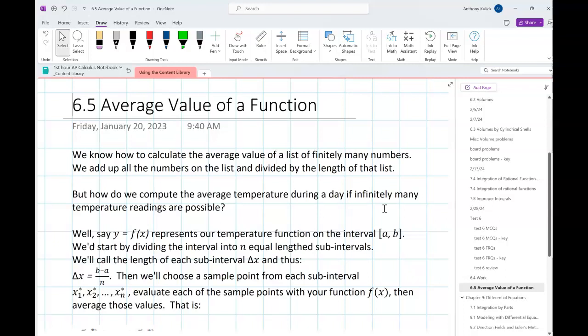So we'd start by dividing the interval into n equal length subintervals, n equal size chunks. And we'll call the length of each of these subintervals delta x. And we'll choose a sample point from each subinterval and evaluate each of the sample points with our function and then average those values. What are we starting to sound like?